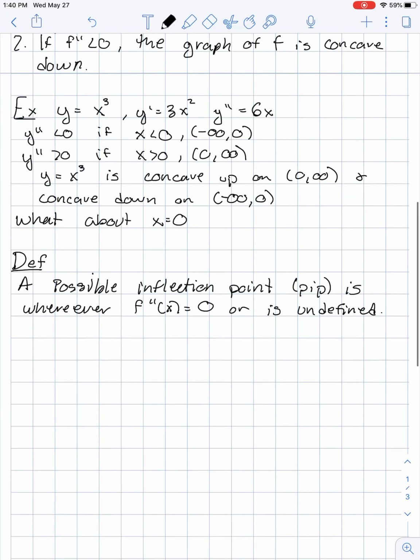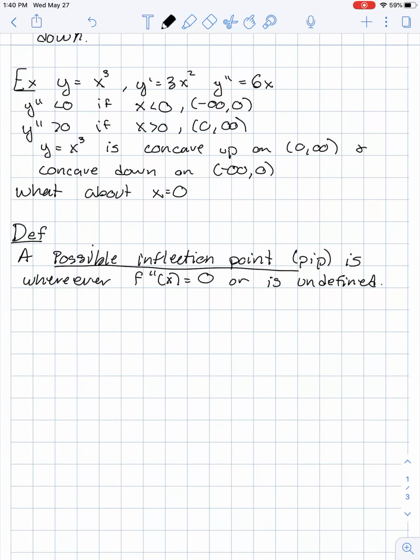All right, so that was for a possible inflection point. An inflection point is a possible inflection point, a pip, where the concavity changes.